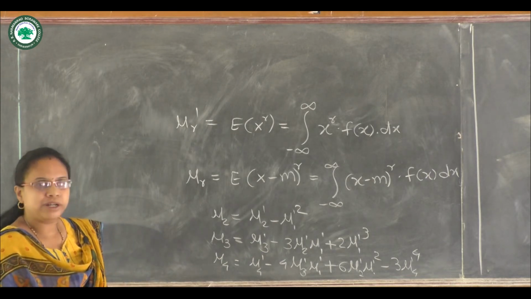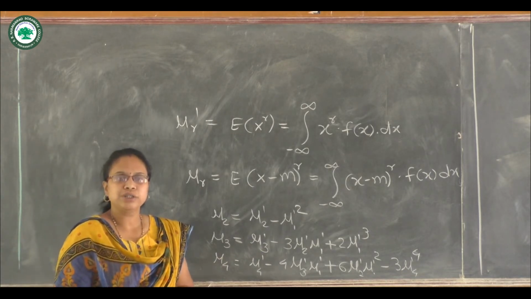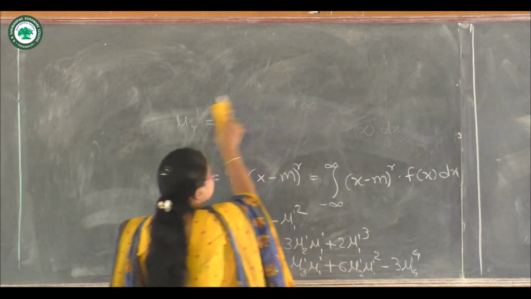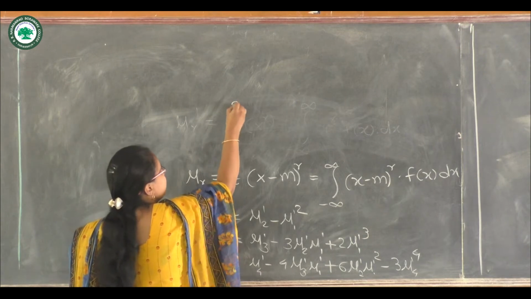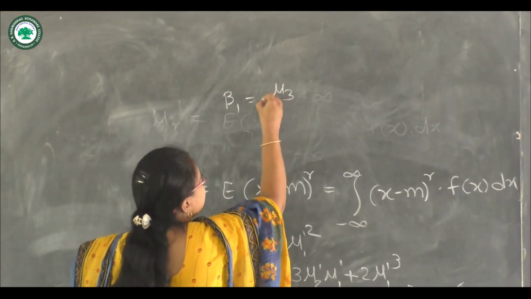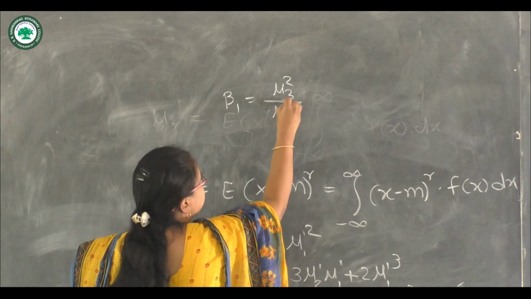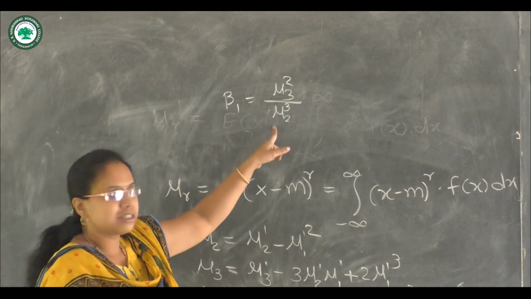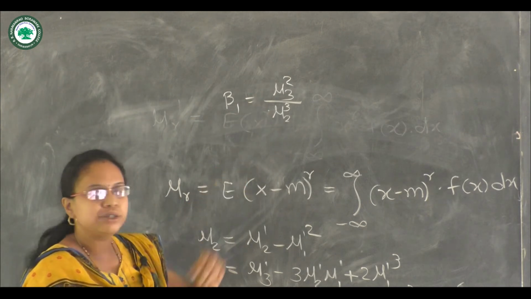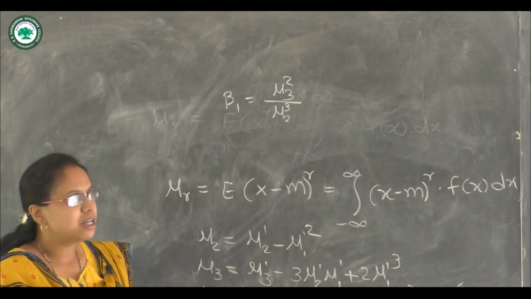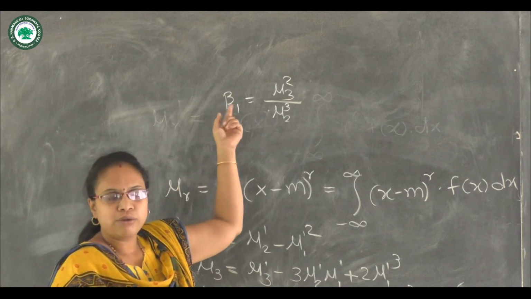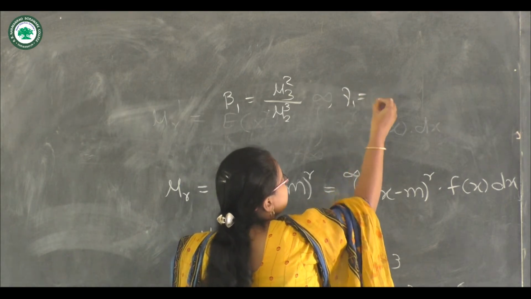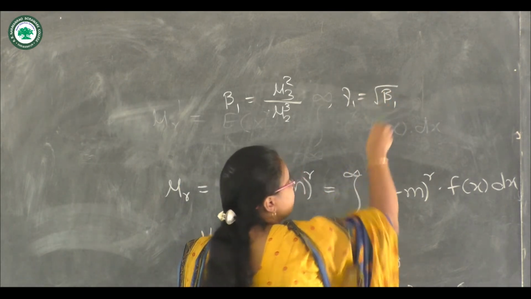The further point is how to calculate the Pearsonian's coefficients. Basically, we find beta 1 as mu3 square upon mu2 cube. That is the third central moment and the second central moment, which is the variance. By using these two central moments, we can find the value of beta 1, and similarly we can find gamma 1 as root of beta 1.